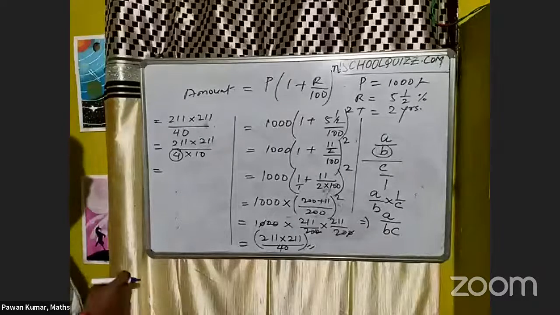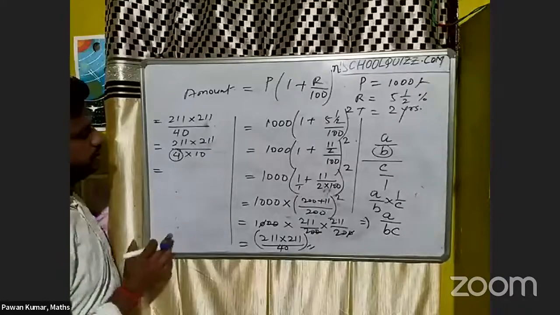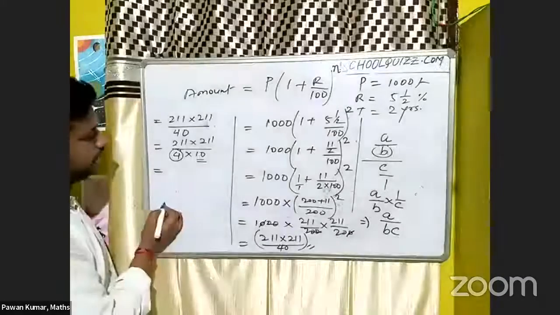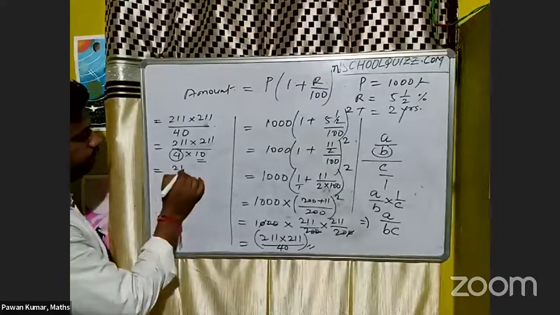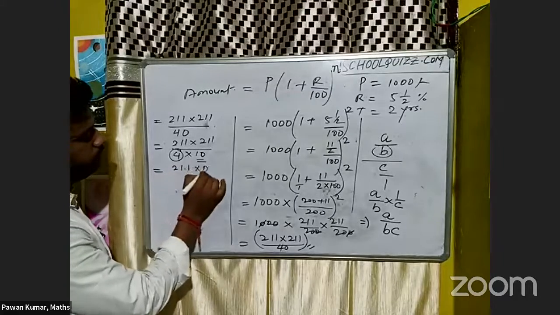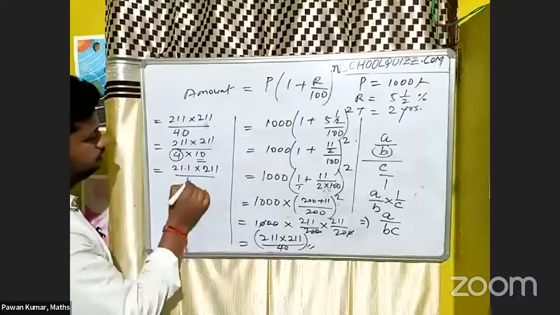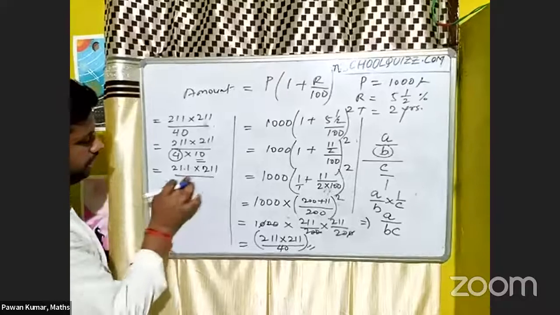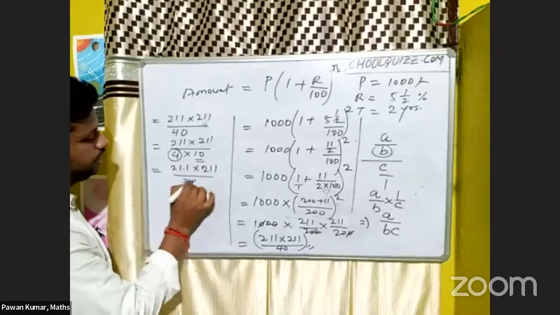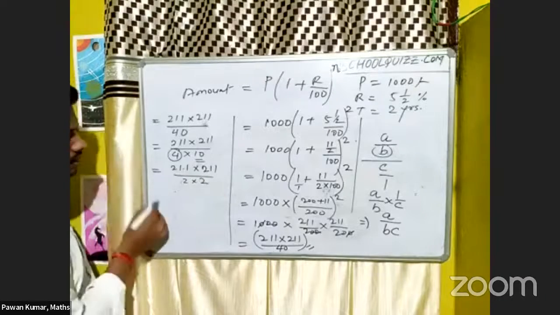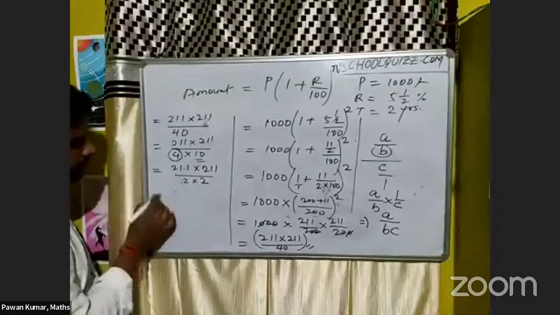Okay, so 211 into 211. If I mention it as this one, why did I separate this 10? Suppose 211.1 into 2, this I can do, or else I can separate it as 2 into 2, divided by 2 into 2, which is nothing but half.